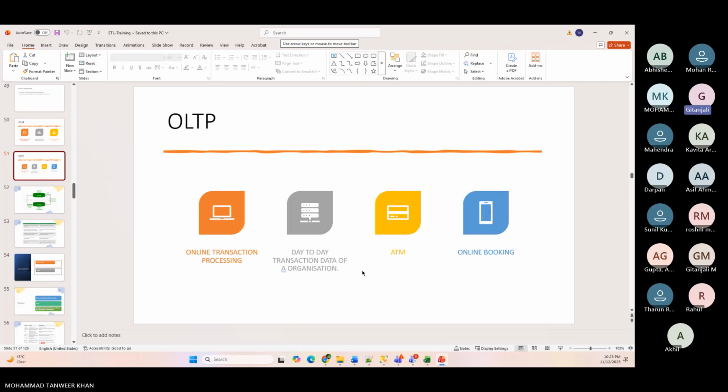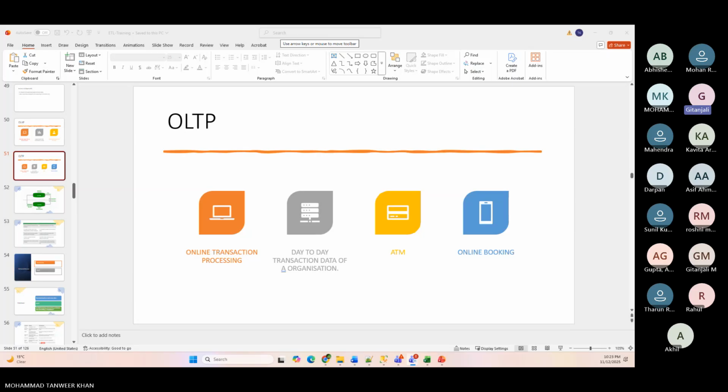It is clear, but let's suppose the OLTP has become bulky and we want to shift a part of the data into OLAP. In that case, the daily transactional data, for example millions of records, will go inside OLAP.